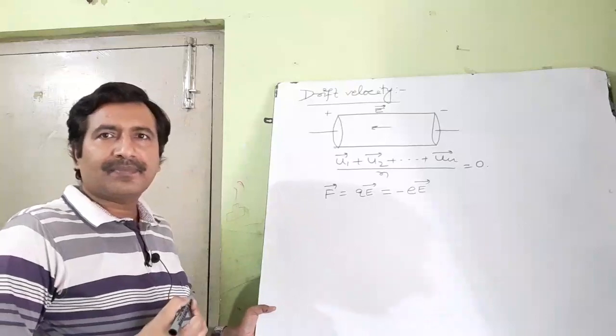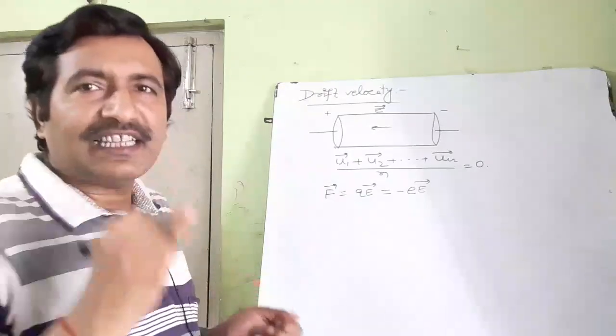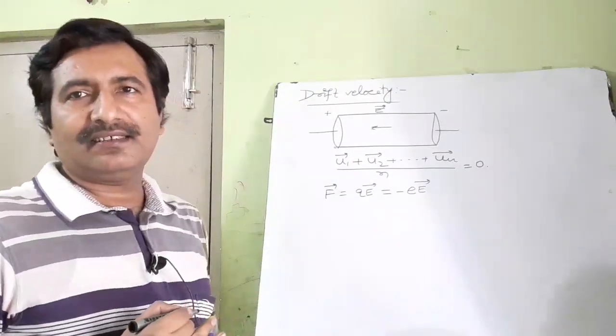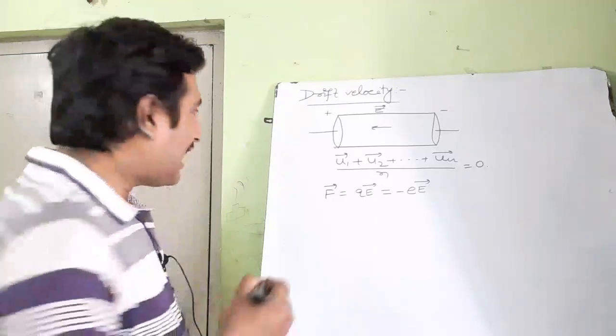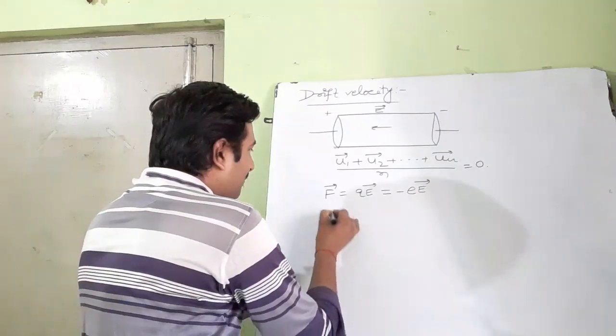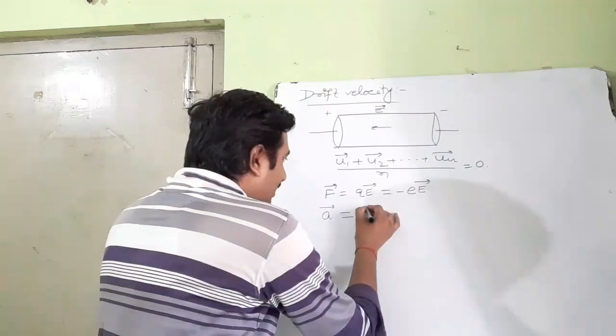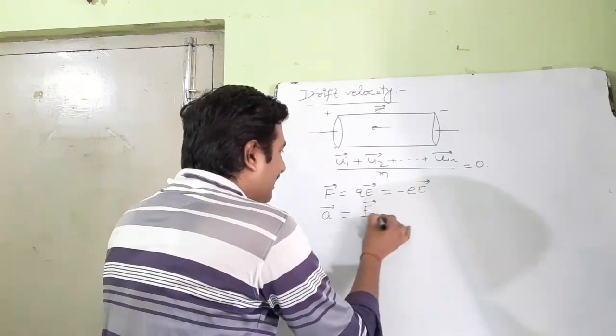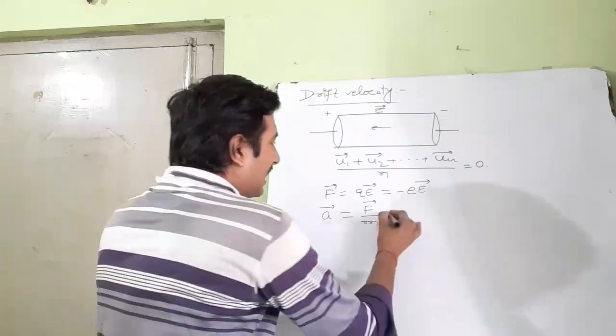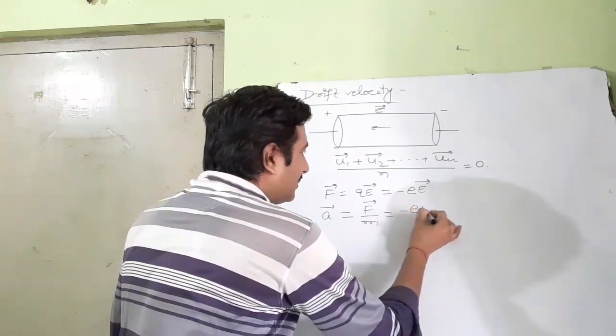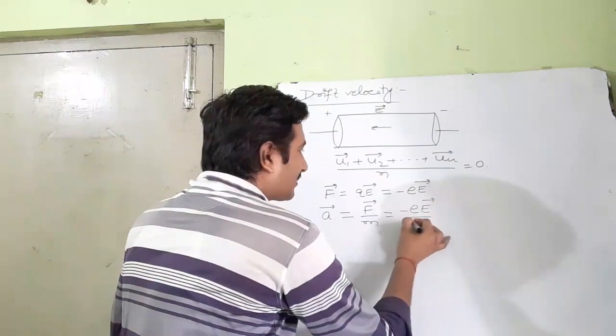If m is the mass of a free electron, then the acceleration produced in each free electron is given by a = F/m, force by mass, and the force is minus eE, so a = minus eE by m.